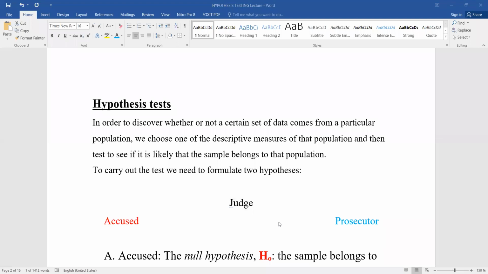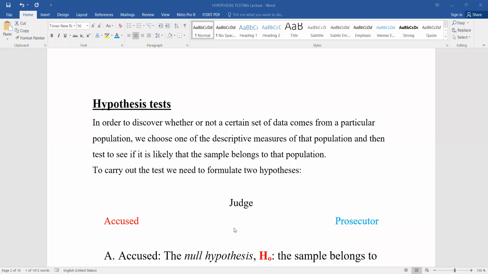And we all know that in the courts of law, you're innocent until proven guilty. So we have the judge, the accused, and the prosecutor.